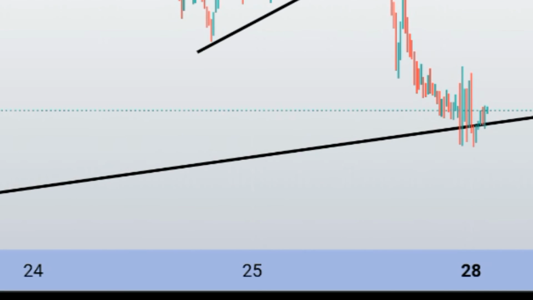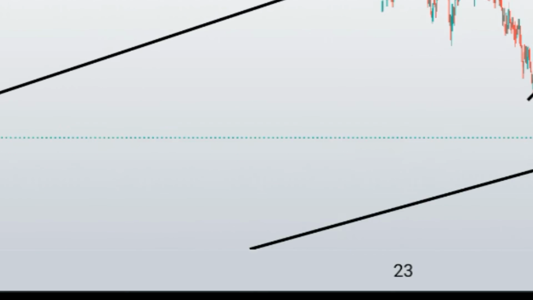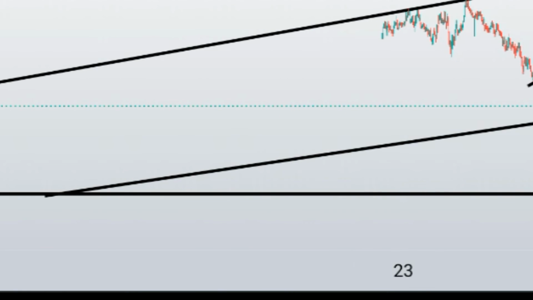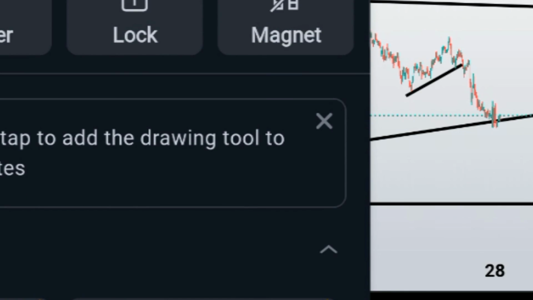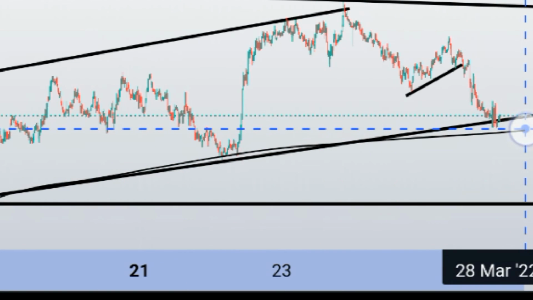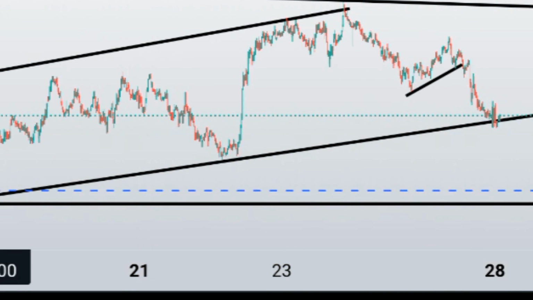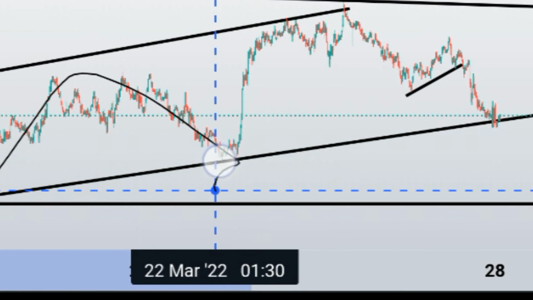Like I said, this is just going to be a retest on the trend line, guys. This could just be a retest on the trend line to push to the upside, because every time we retest our trend line, the market keeps on buying, right? Trend line we retested, market bought. Trend line we retested, market bought.